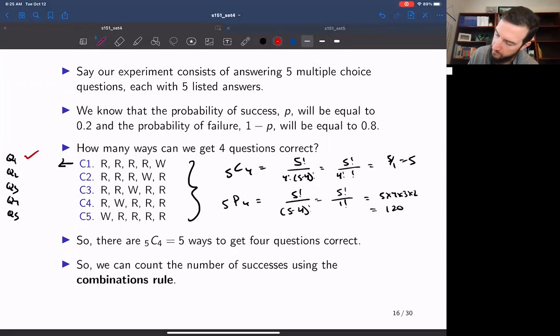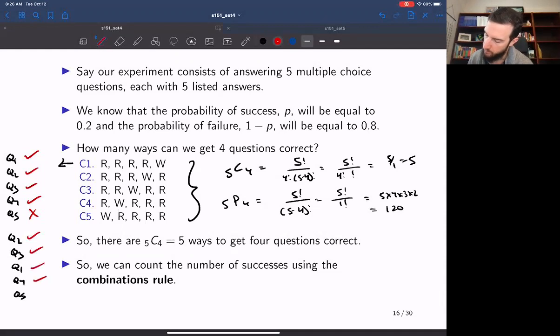Okay, so this is basically saying right, right, right, right, wrong. If you were to take the permutation, it would return, for example, Q2, Q3, Q1, Q4, Q5, right, right, right, right, wrong. But these things are exactly the same solution. So counting the order in which you got the questions right doesn't make a difference because it's the same outcome in terms of which questions you actually got correct.